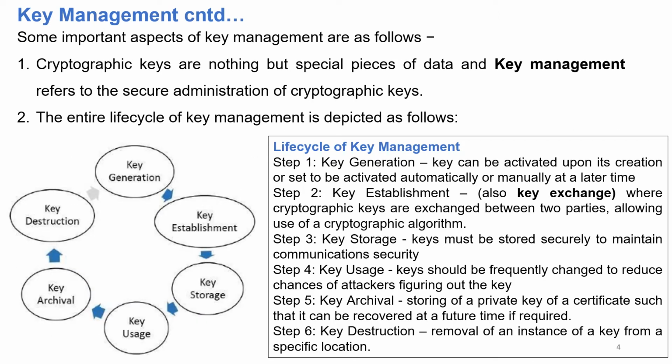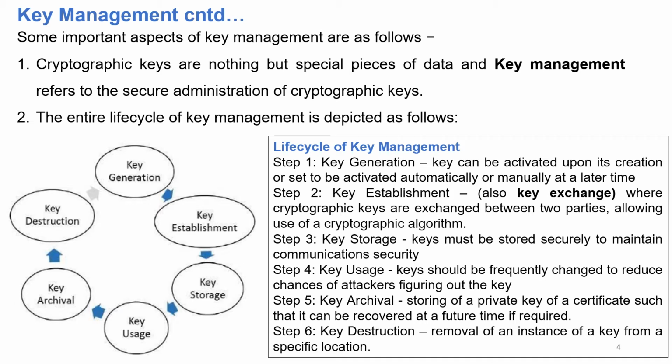Now, key management has some important aspects as follows. Firstly, cryptographic keys are nothing but special pieces of confidential data, and key management refers to the secure administration of these cryptographic keys. The entire life cycle of key management is as shown in this diagram. Firstly you have key generation. This is the first step.